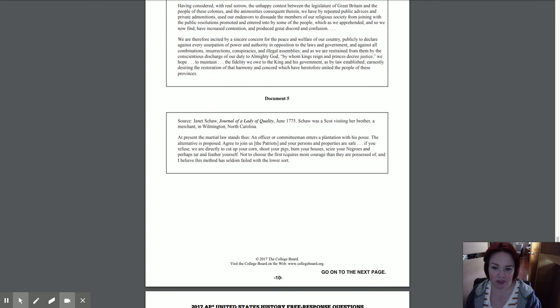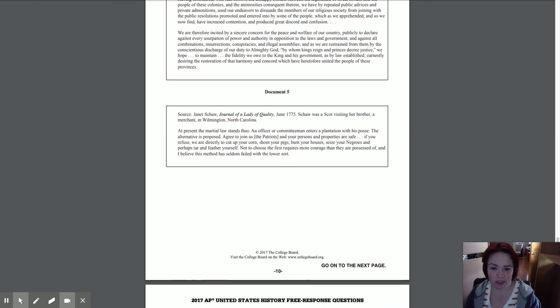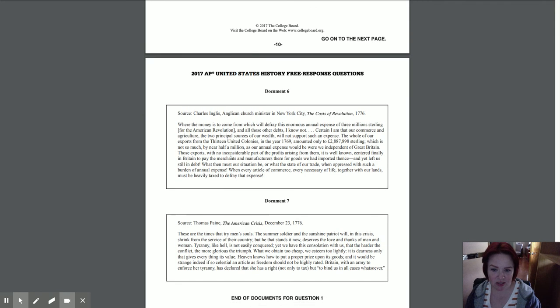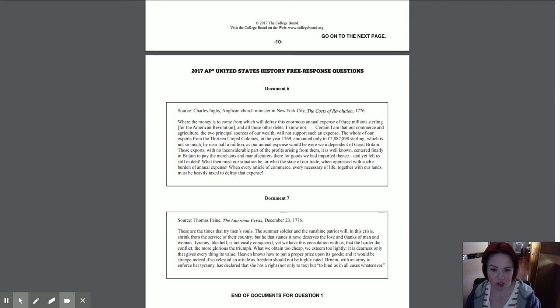Document 5, Janet Shaw, Journal of the Lady of Equality. And you can see that she's visiting her brother in Wilmington, North Carolina. So let's make sure you're taking a look too at the date, 1775. Again, kind of at a critical point. Okay, document 6, Charles Inglis, Anglican church minister in New York City, Costs of Revolution, 1776.